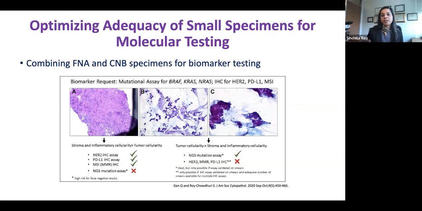Because when they're testing for molecular, they're going to be scraping those cells off anyway and extracting the nucleic acid material from those cells. So you're not so concerned about them preserving the morphology of the cells. So even if you scrape these off and they get a little distorted in your cell block, you should still be able to do molecular testing because it's an FFPE block and your molecular lab is validated to test from FFPE.